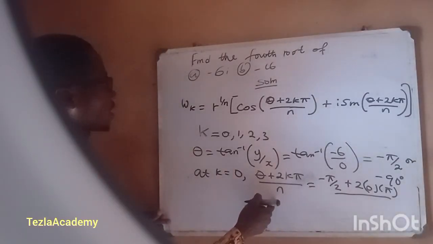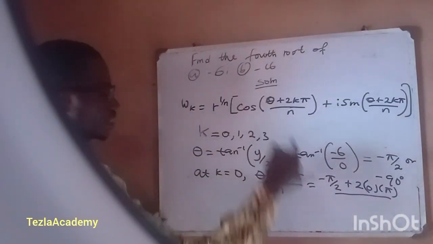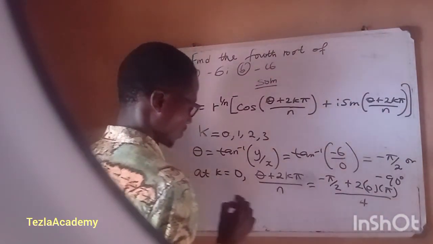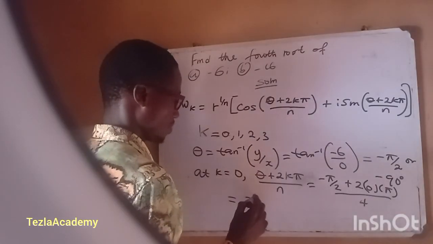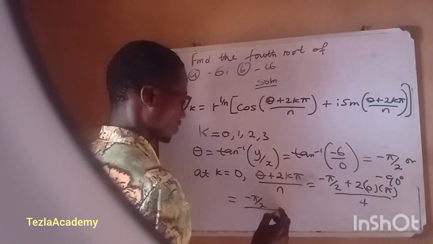It's 4 roots, so n is 4. So over 4 equals minus pi all over 4.